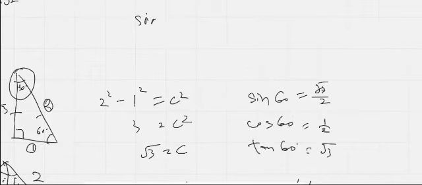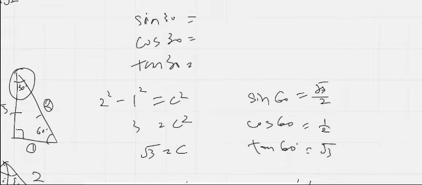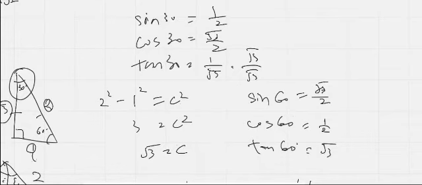So sine 30, using the rule, will be O over H, which is 1 over 2, and cosine 30 will be A over H, which is root 3 over 2, and tangent 30, O over A, is 1 over root 3, and once again we need to make it rational, so multiply by root 3 over root 3, and it will become root 3 over 3.